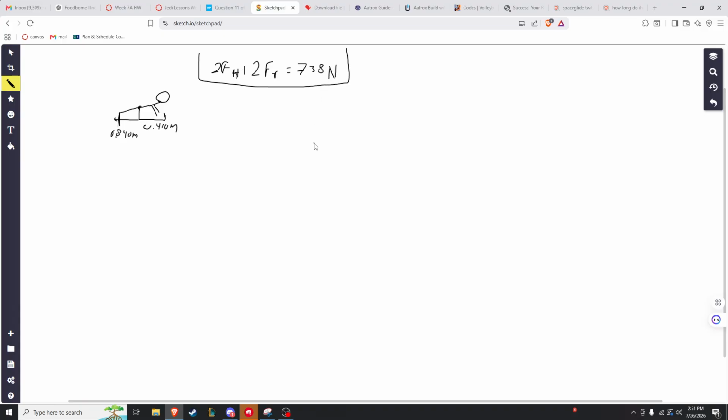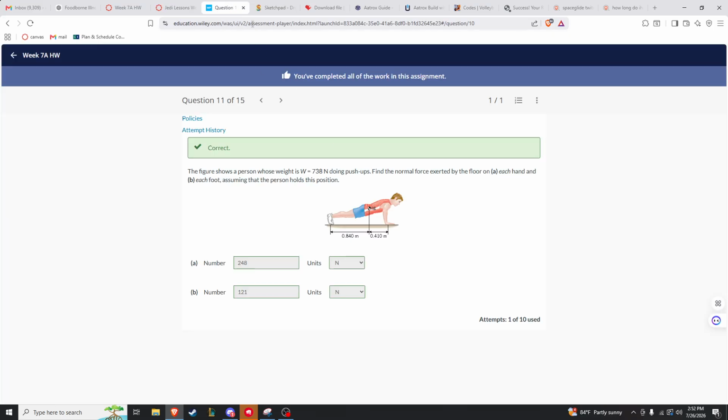First we want to use a sum of torques equal to 0, because the person is balanced and there's no rotation.